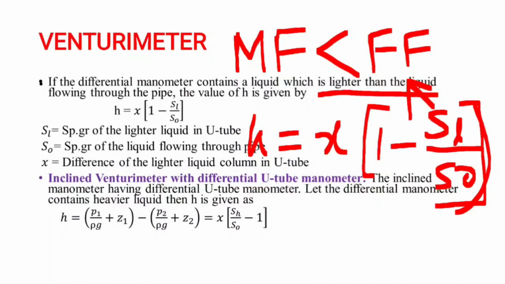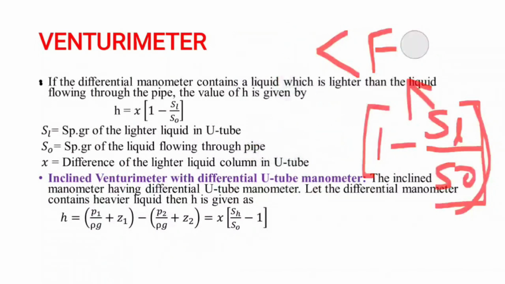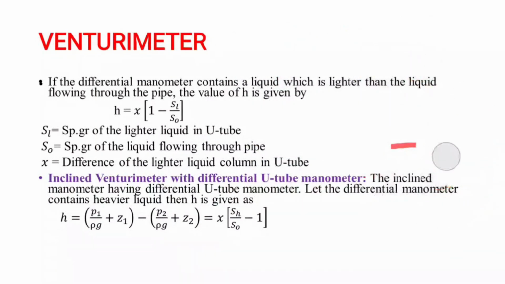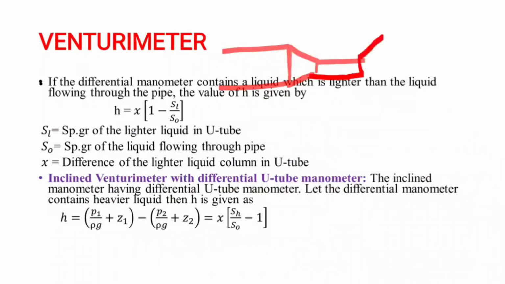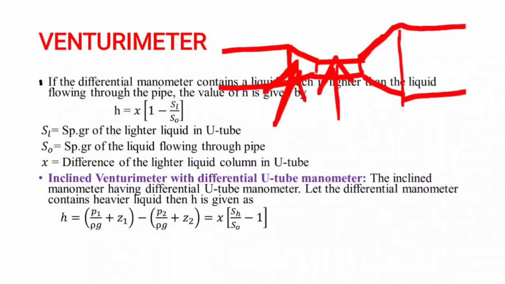S0 is the flowing fluid. The first two cases are for a horizontal Venturimeter. Let's say this is the Venturimeter, this is the throat, this is the converging part, this is the diverging part. Horizontal one for the first two cases.